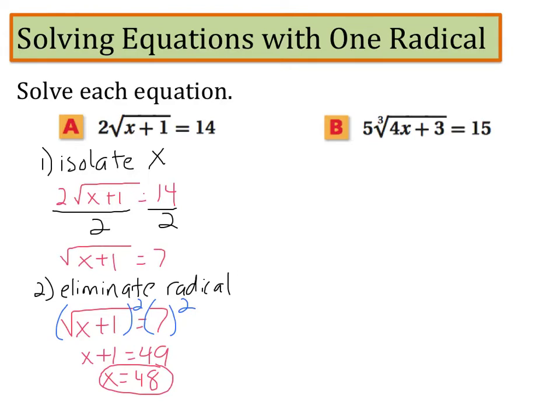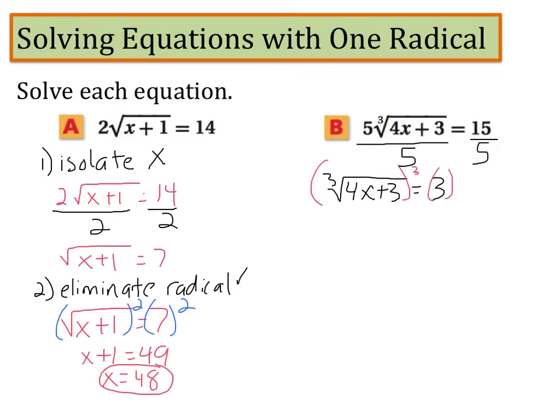Let's look at example B. Example B is very similar. First thing we want to do is to get rid of this 5. So we're going to divide both sides by 5. When we do that, we're going to have the cube root of 4x plus 3 equals 3. Now I want to eliminate the radical notation, so I'm going to raise both sides to the power of 3.